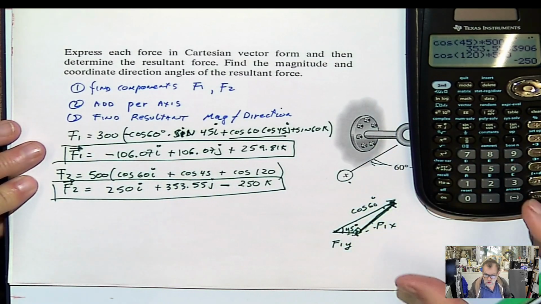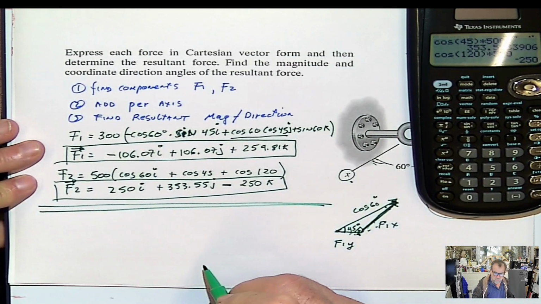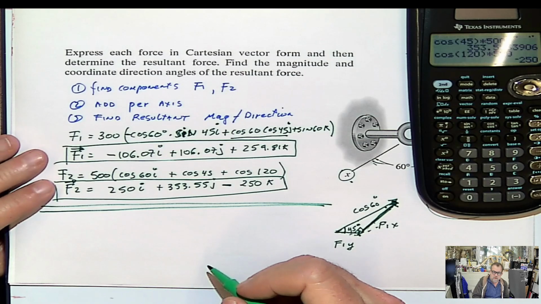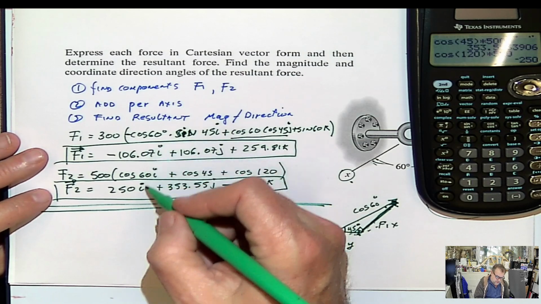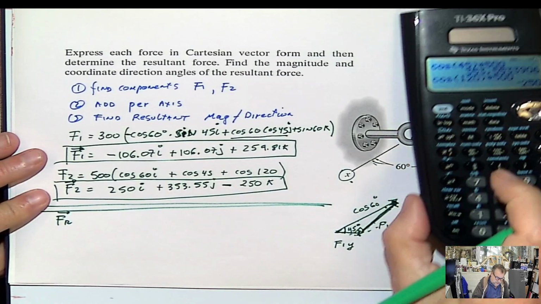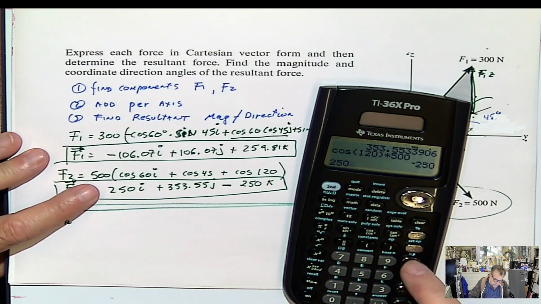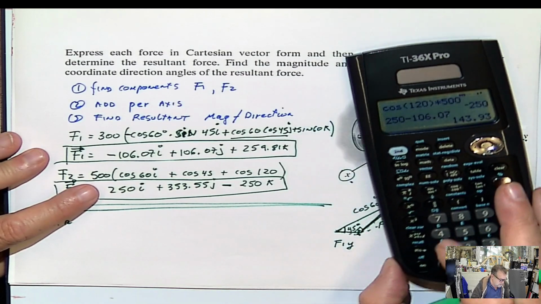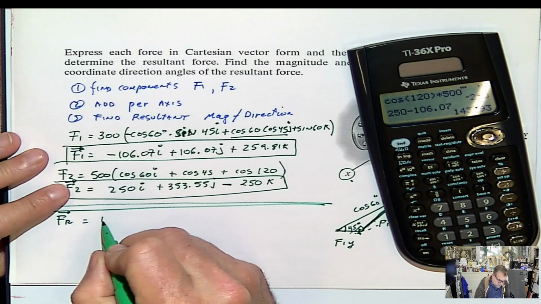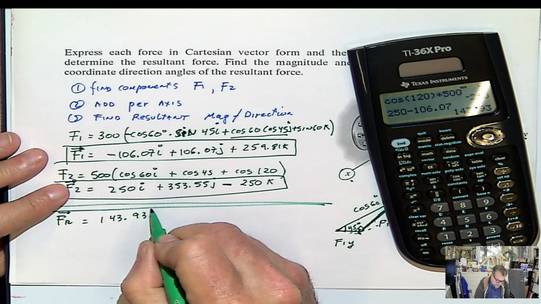If I want the resultant force, the only thing I have to do is add F1 and F2. Everything that goes in i goes together, everything that goes in j goes together. So in the i direction I have 250 minus 106.07, which is 143.93.